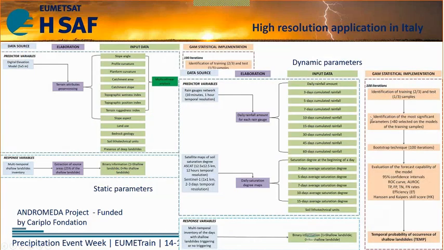And then we also use, of course, some dynamic parameters, like rainfall time series and soil saturation maps obtained through the use of ASCAT and Sentinel data. And we use this data to test and to estimate the temporal probability of occurrence of shallow landslides over a study area located in northern Italy.